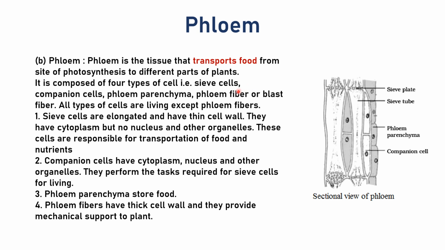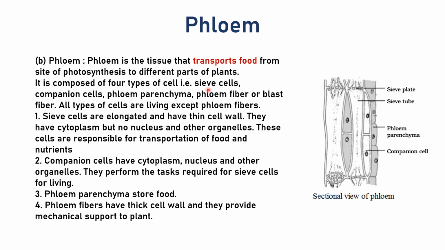There is hardly any difference between sieve cells and sieve tubes. Sieve cells are less specialized and sieve tubes are more specialized, right? Sieve tubes you will find in more developed plants, gymnosperms and angiosperms. So there is no problem. In fact, if you don't write sieve cells and you write sieve tubes, it's perfectly all right.